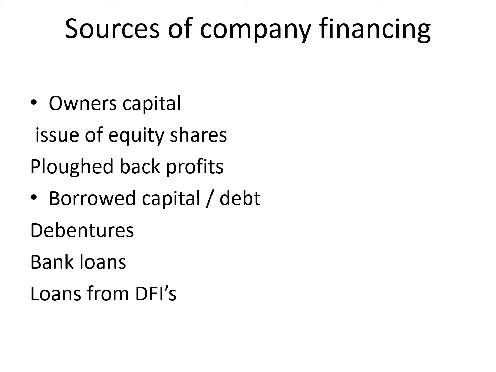Debentures are actually unsecured bonds which are issued by companies, and this depends upon the credibility of the company and their default risk. Companies with low default risk can acquire funds at a lower interest rate compared to companies with higher default risk.